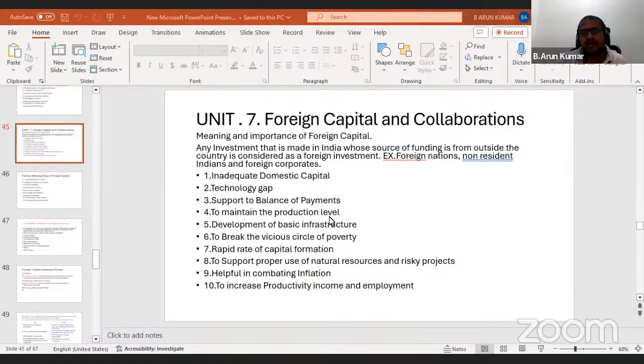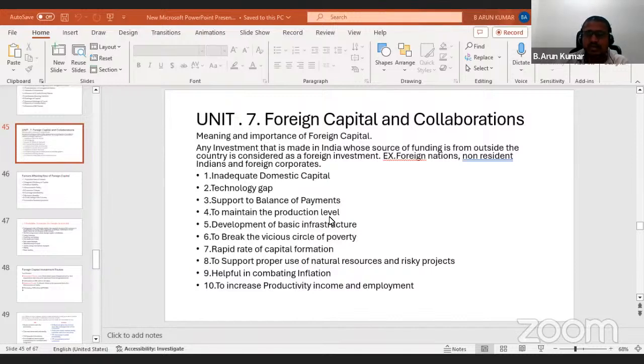Foreign capital is nothing but, any country needs some foreign capital, foreign currency, for doing business from one country to another country. They need foreign currency. Also, not all countries are developed countries. India is a developing country.